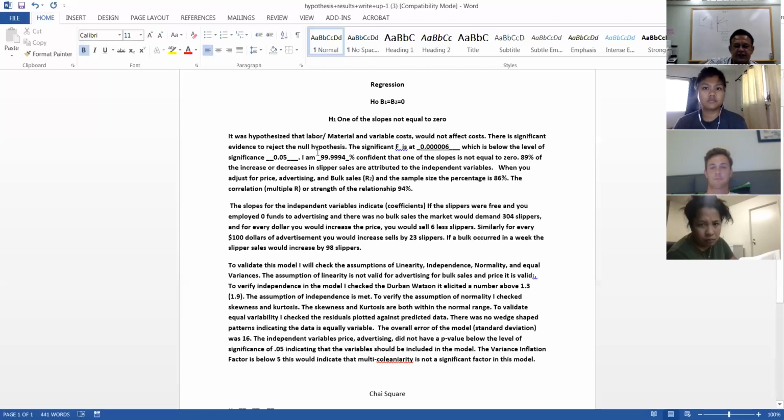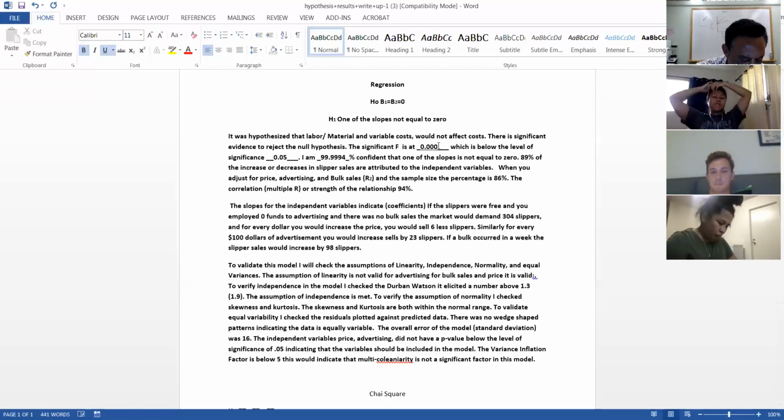There's significant evidence to reject the null hypothesis. If we look back at our model, our significant F, which is our p-value, is at 1.2314 times 10 to the negative something, so three zeros, 1, 4, which is lower than the level of significance.